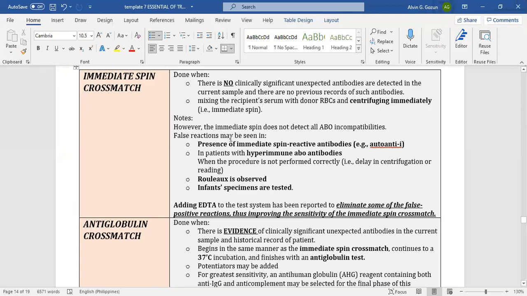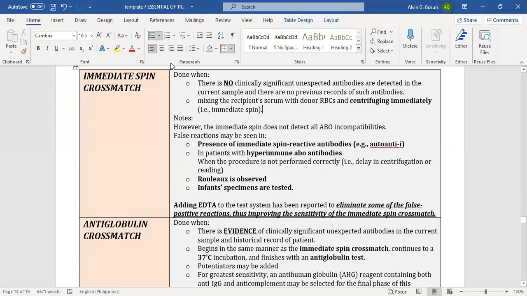False reactions can be seen in immediate spin cross-match with auto-anti-I, in patients with hyperimmune ABO antibodies, with rouleaux formation, and when infant specimens are tested. Adding EDTA to the test system has been reported to eliminate some of the false positive reactions, thus improving the sensitivity of the immediate spin cross-match.